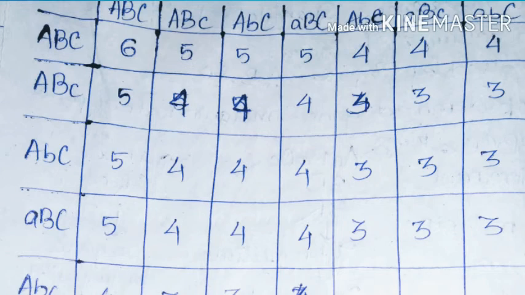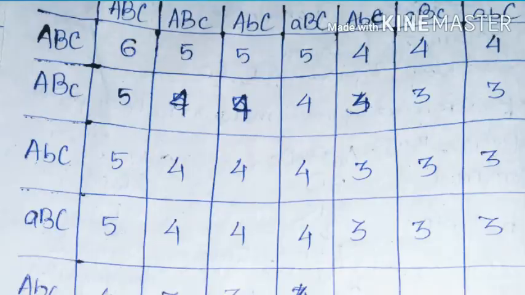ABC has 3 dominant, and in the upper side you have 3 dominant, so the total is 6. Like that 5, then you get 5. By putting in all the dominants by counting, you complete this table, and after that you count how many 6 dominant, how many 5 dominant, how many 2 dominant you get in that Punnett square box.